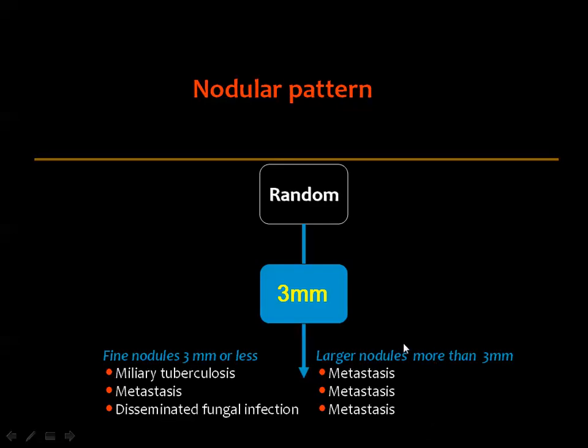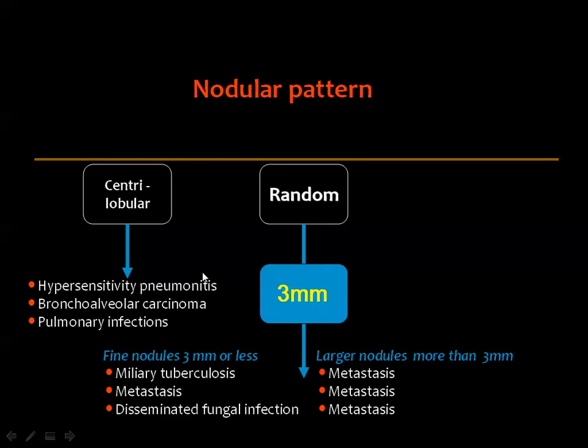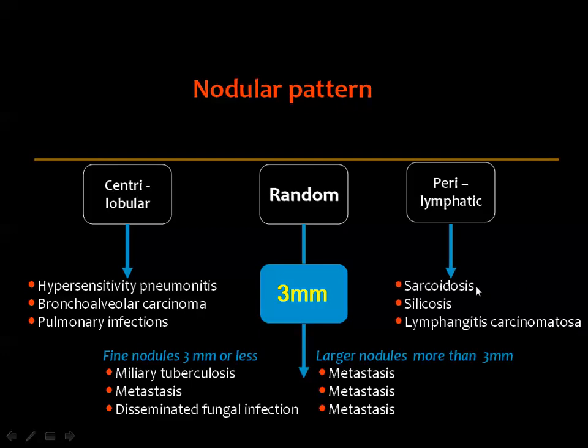But if the nodules are randomly distributed and larger than 3 millimeters, consider metastasis. For centrilobular nodules, consider hypersensitivity pneumonitis, bronchoalveolar carcinoma, and pulmonary infection. For perilymphatic distribution, consider first sarcoid, then pneumoconiosis, and lymphangitis carcinomatosis.